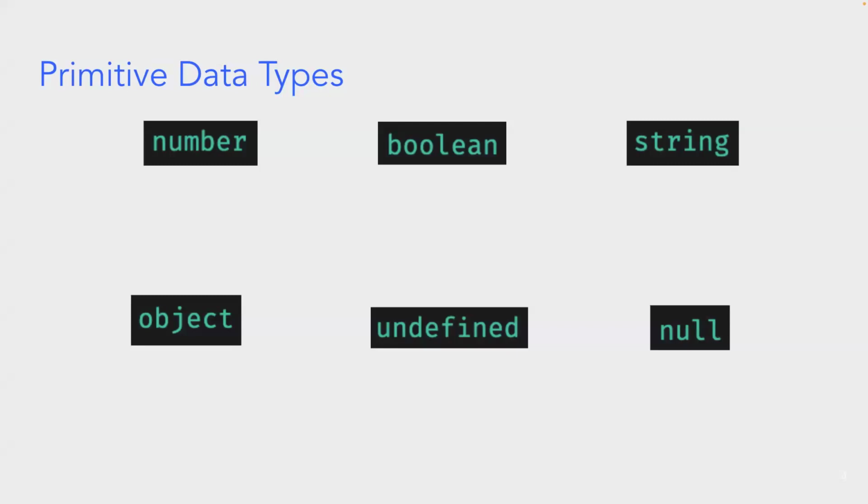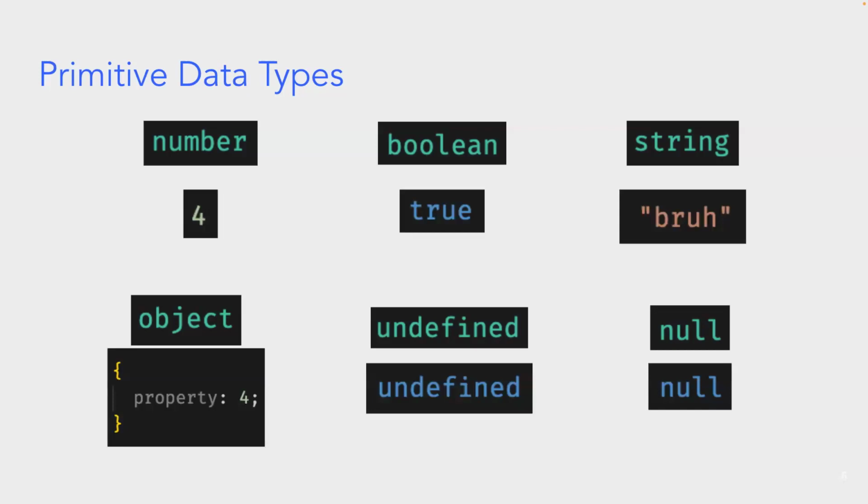If we're talking chemistry, these primitive data types will be our elements. So these are the primitive data types: number, Boolean, string, object, undefined, and null. And we also have their examples, which you've probably seen through the lectures and workshops we've done so far. For number, for Boolean, true or false, string, and so on and so forth.